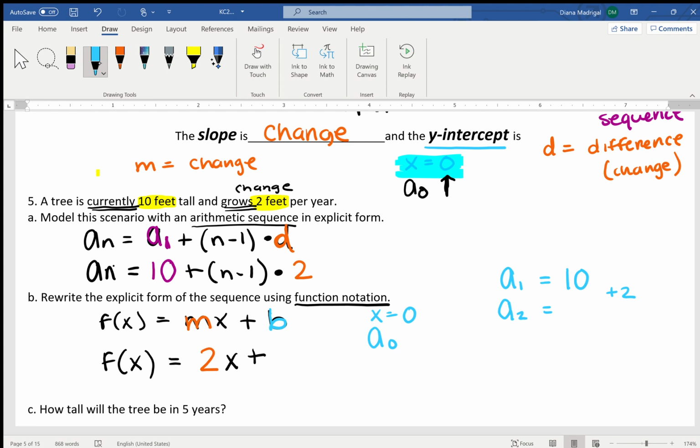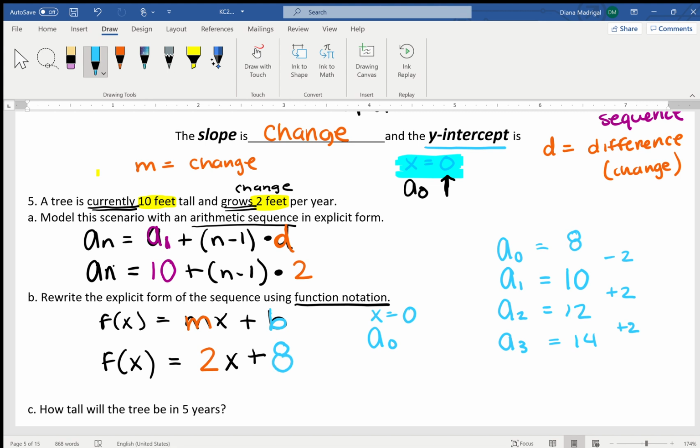So 10 plus 2 gives me 12. a_3 is going to be 14. Again, I'm just adding 2. However, to do the function notation, remember I need to find a_0. I need to go backwards. If I'm going backwards, then I need to subtract: 10 minus 2 gives me 8. That means my starting point for the function notation will be 8.